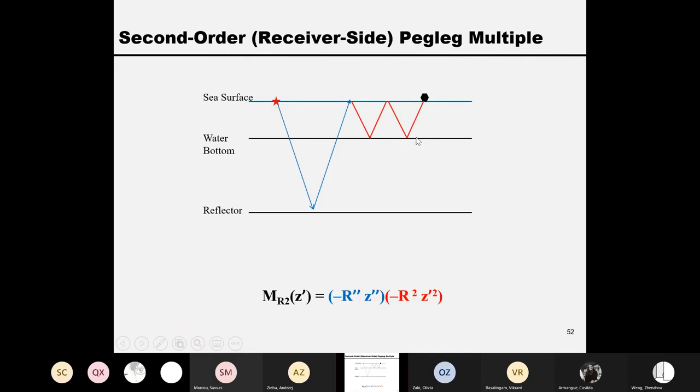Otherwise, if we consider the offset, the water bottom may not be flat. If we have a dipping angle, the source side and the receiver side multiples will not be identical. You see that? So that's actually a limitation of this particular decon.